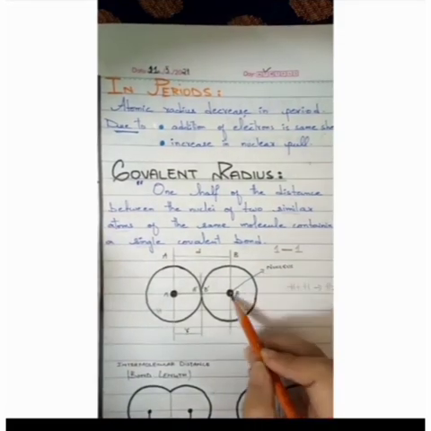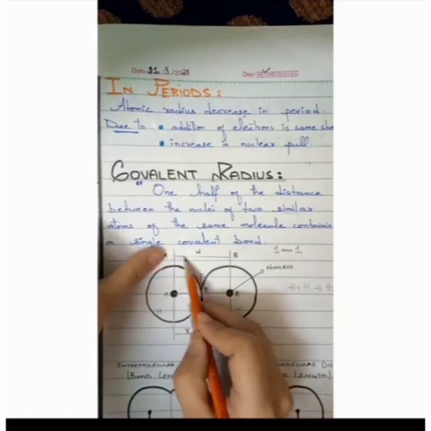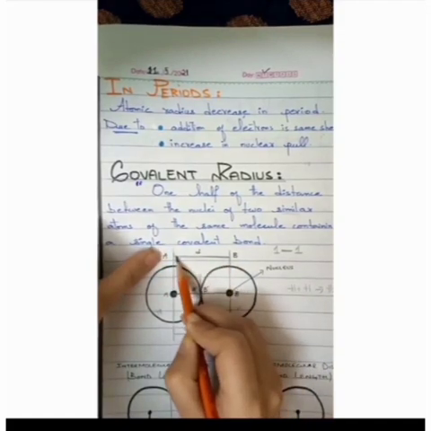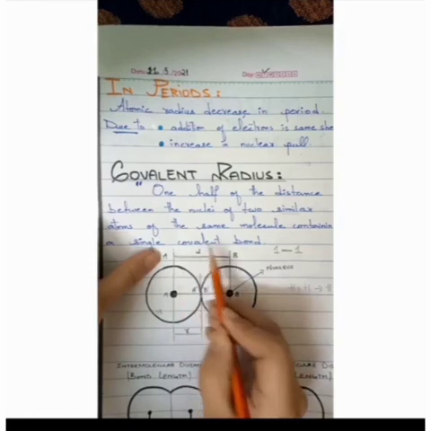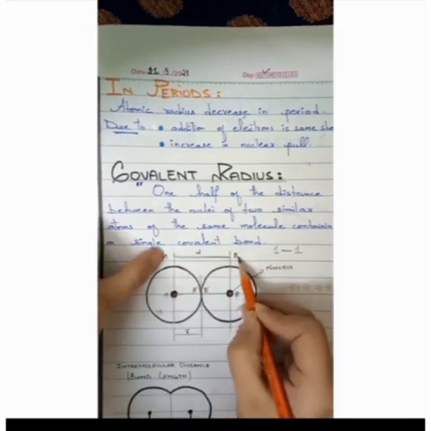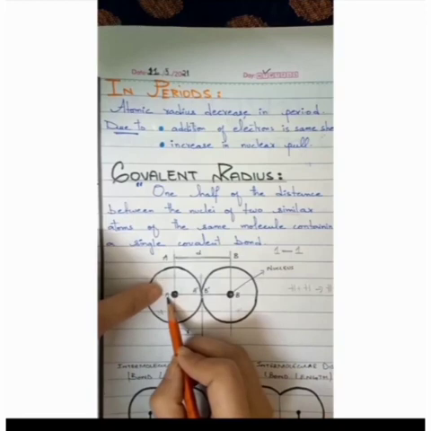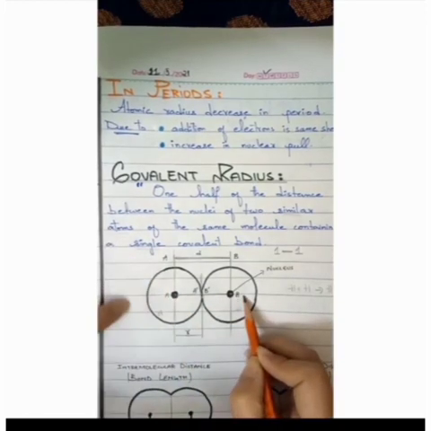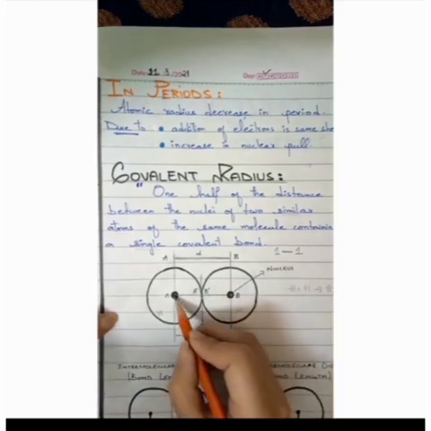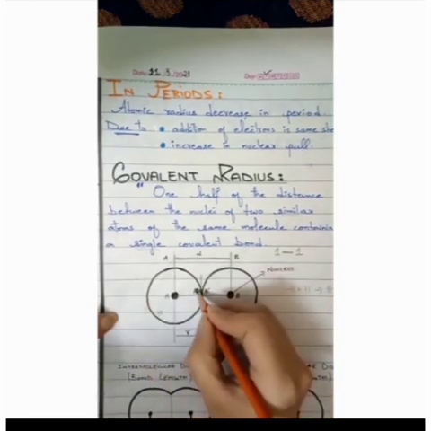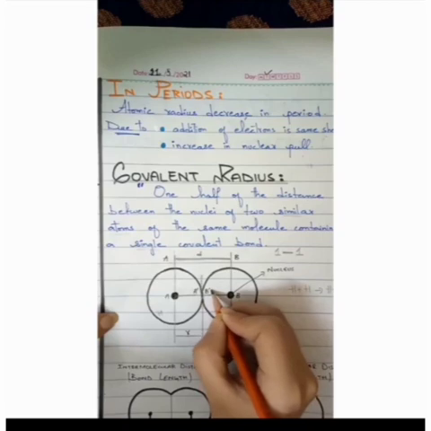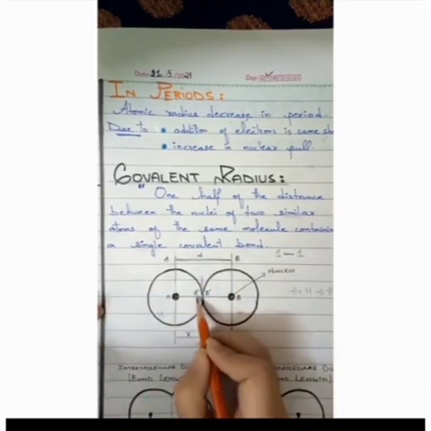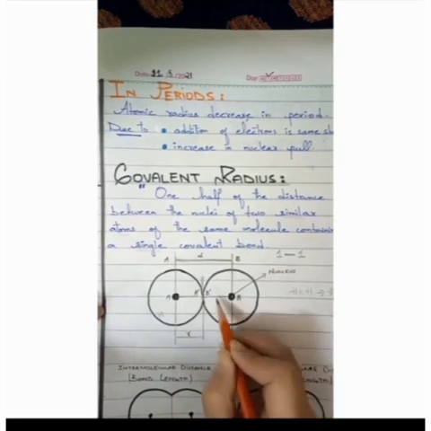Here is a diagram. This is the distance between the nuclei that is represented by D, and this is the A point and this is the B point, from nuclei to nuclei. To differentiate, we take A dash and B dash, and this is the one half of the distance from A to A dash and from B to B dash.